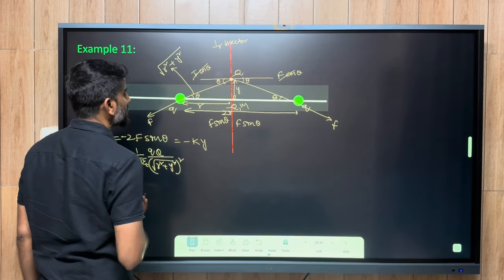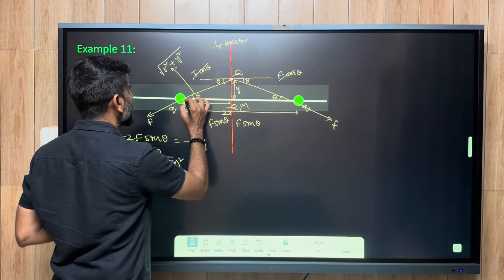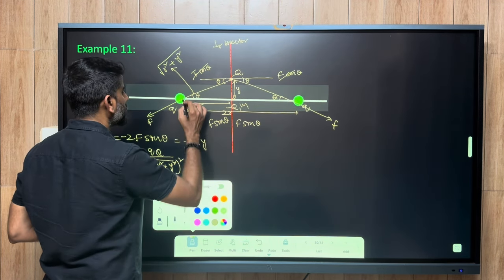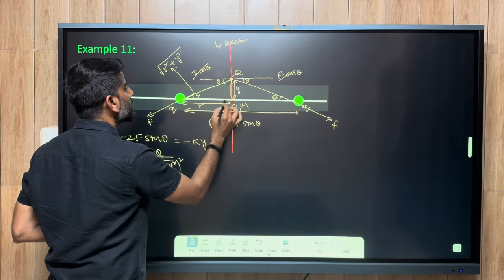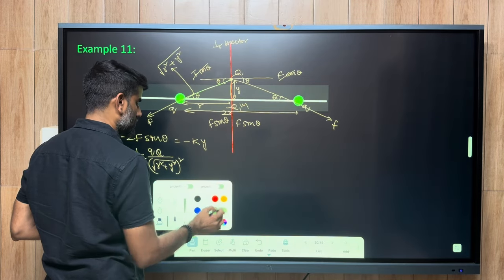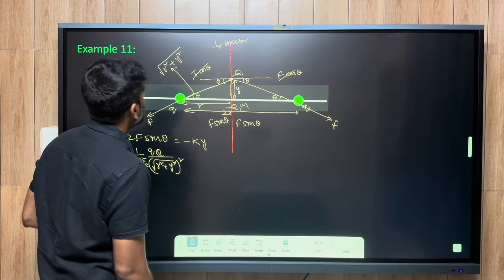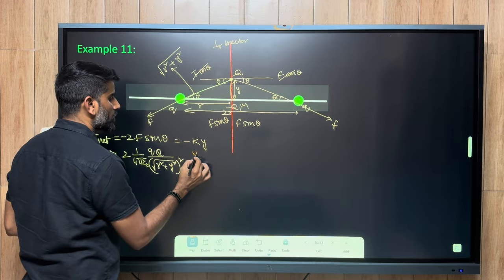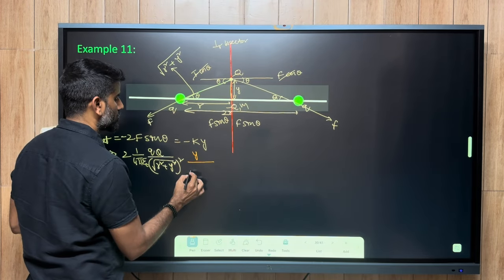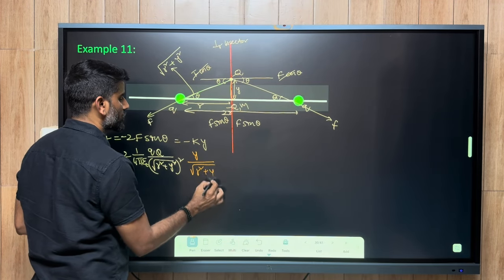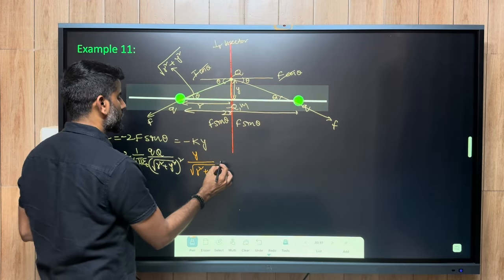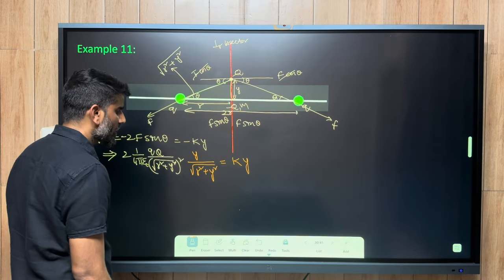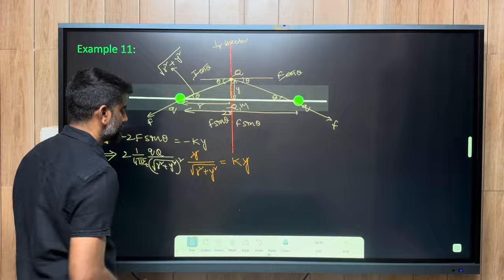Into sine theta. By looking at this right angle triangle, sine theta is equal to opposite by hypotenuse. Opposite is nothing but y, by hypotenuse, which is how much? Root over r square plus y square. I am going to cancel this y and y.